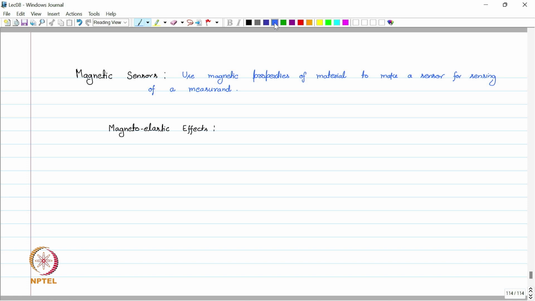These are the effects when there is a change in the sample dimensions due to applied magnetic field.